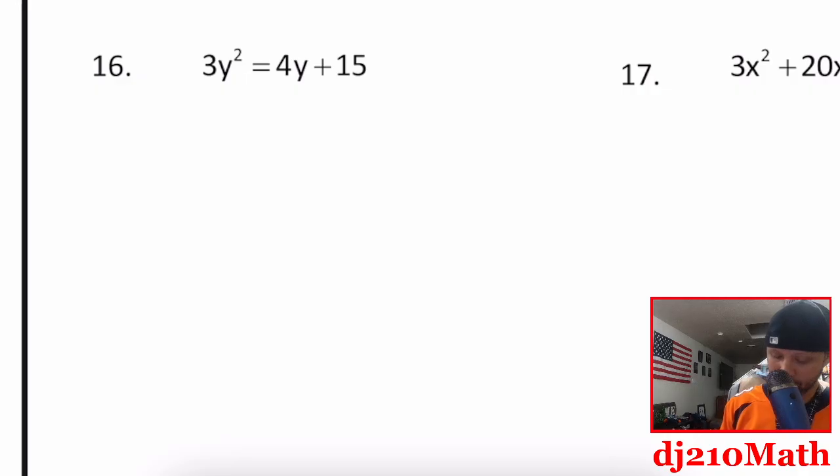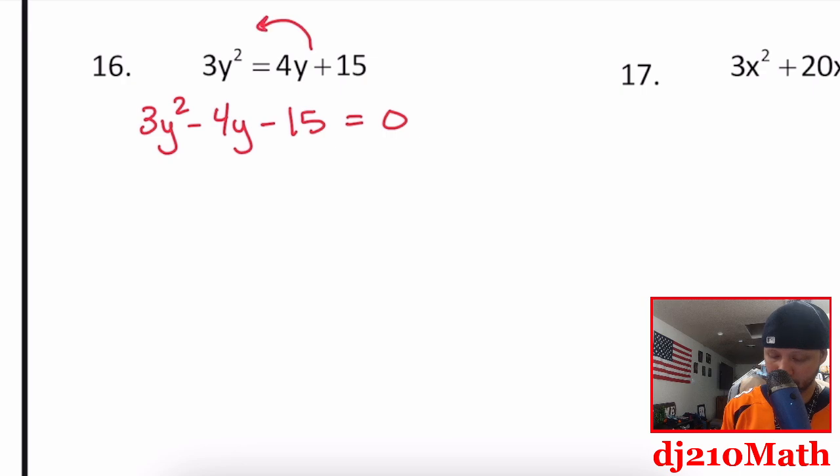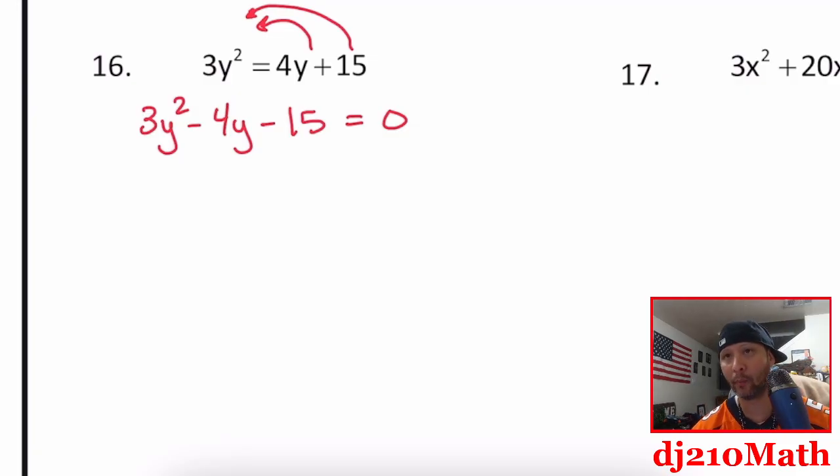Okay, we're going to rewrite this. 3y squared minus 4y minus 15 is equal to 0. All I did was move them over by doing the opposite, subtracting 4y, subtracting 15. Okay, 3, 4, 15. There's no GCF.